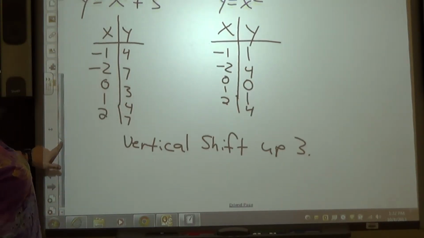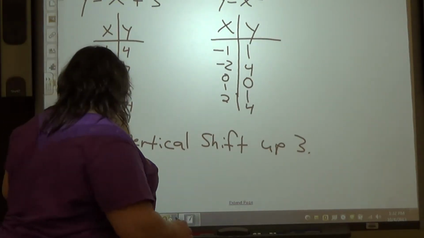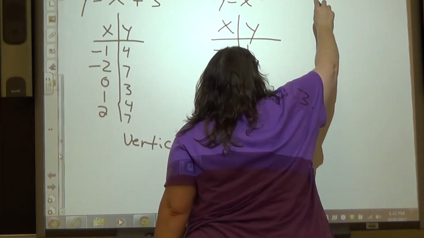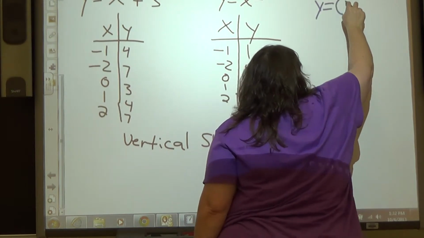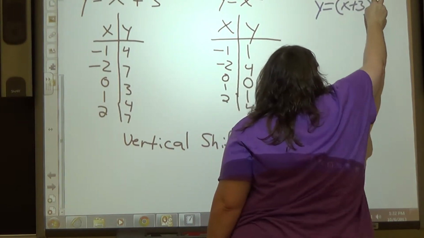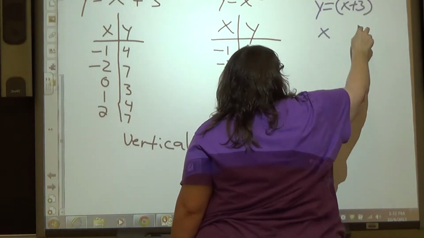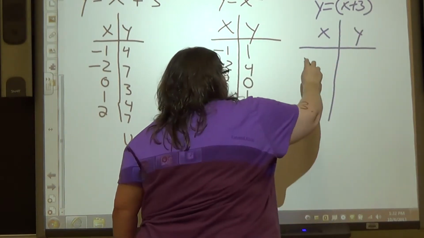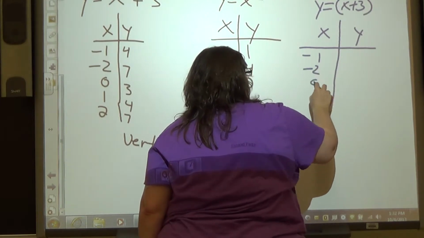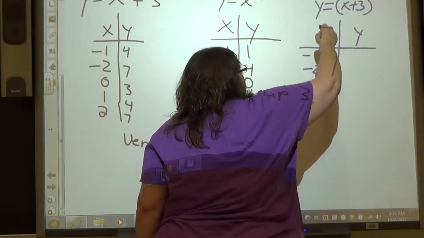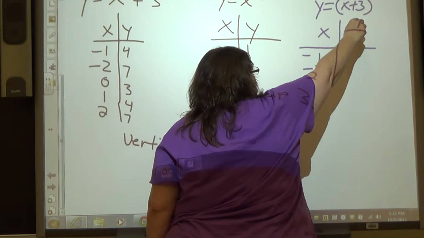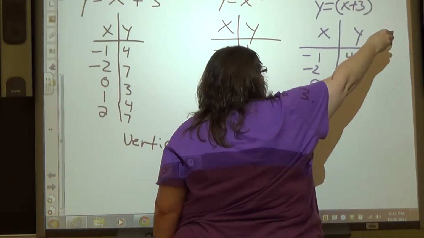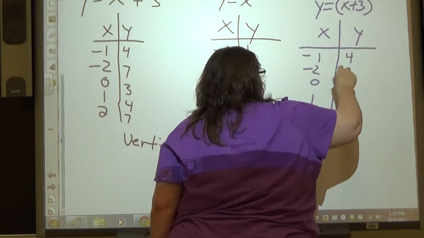right? Now, what would happen, still using my y equals x squared, what if I have y equals the quantity x plus 3 squared, okay? All right, let's do the same numbers, -1, -2, 0, 1, and 2. -1 plus 3 is 2. 2 squared is 4. -2 plus 3 is 1. 1 squared is 1.